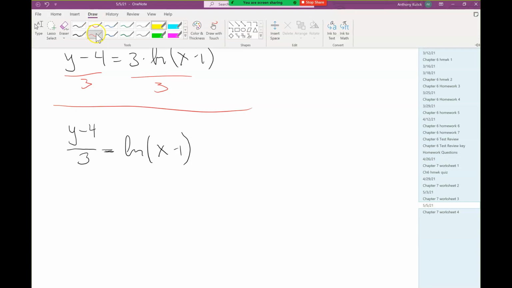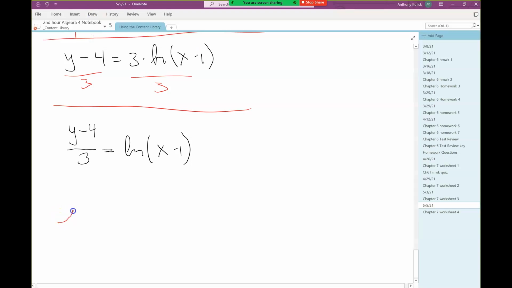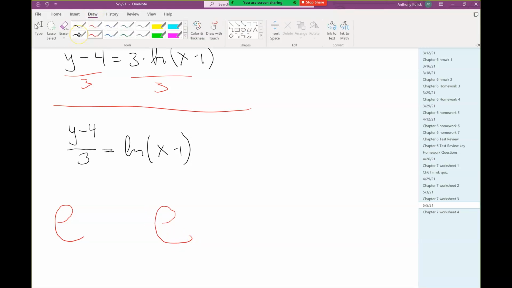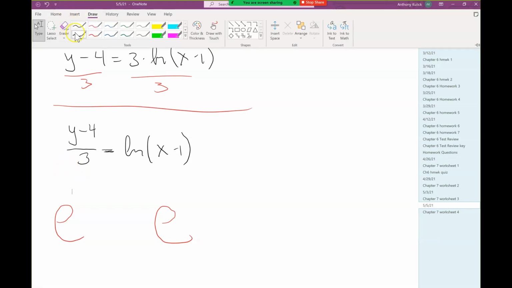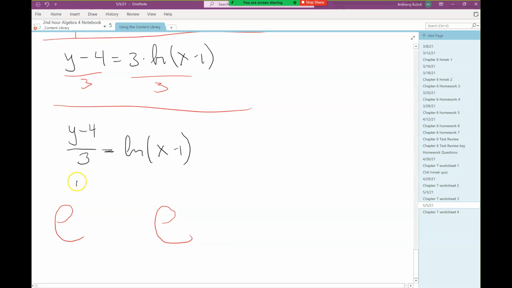Okay, so now I'm going to do exponent base e to both sides. And I'm going to draw my exponent base comically large. Again, the reason I'm doing that is I don't want to be confused about whether I'm multiplying both sides by e or putting an exponent base of e on both sides.